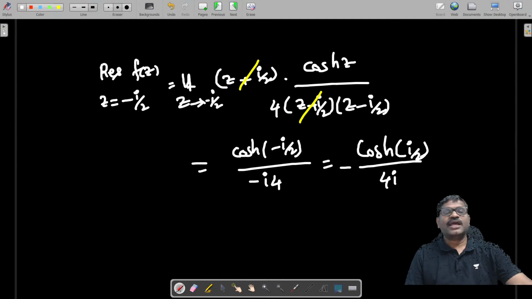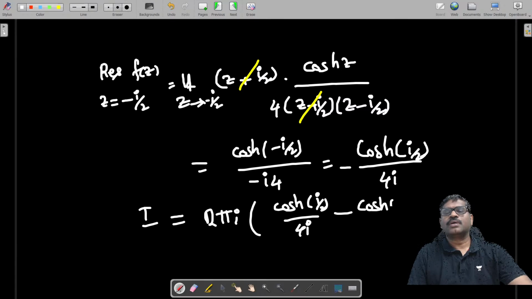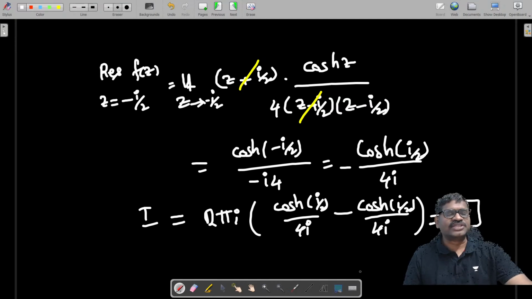Now finally the value of the integral is 2 pi I into the sum of residues. Final answer is 0.